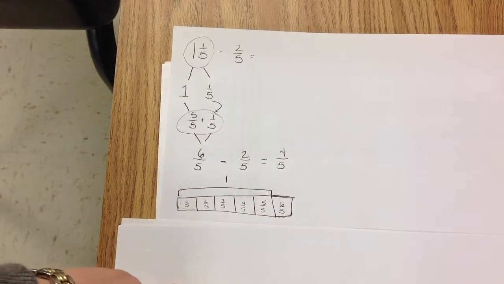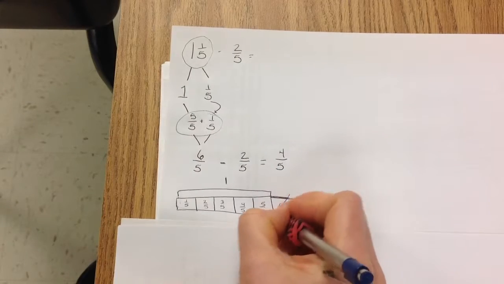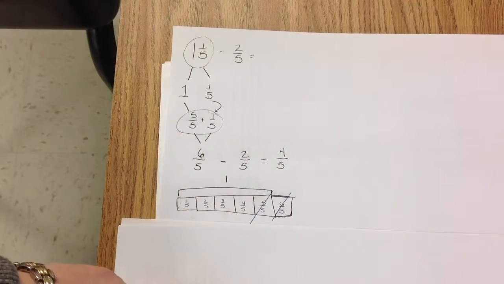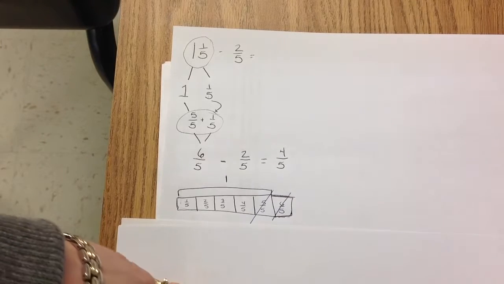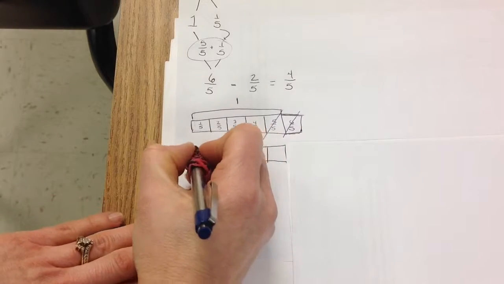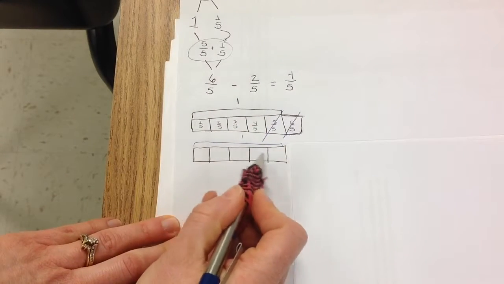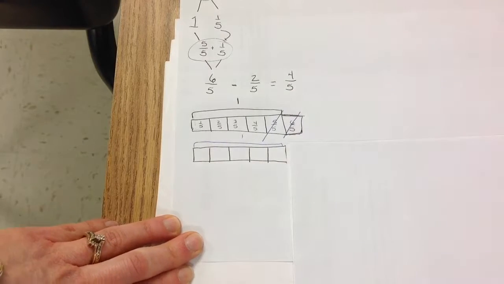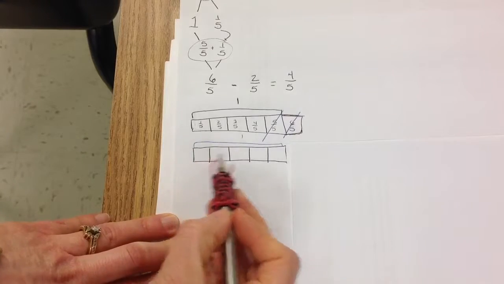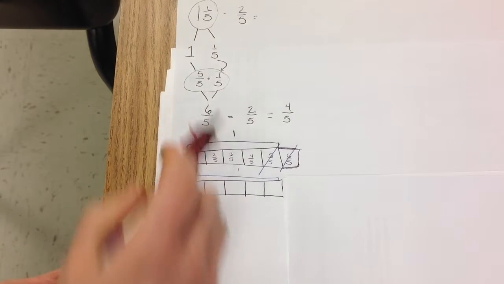If I wanted to subtract 2/5, I could just very easily do it this way. What's left? 4/5. That can help you as well. I'm going to show you one other way to do this. This represents one whole because it's fifths here. 1, 2, 3, 4, 5. So what I could have done is I could have just taken my 5/5 and subtracted that 2/5.